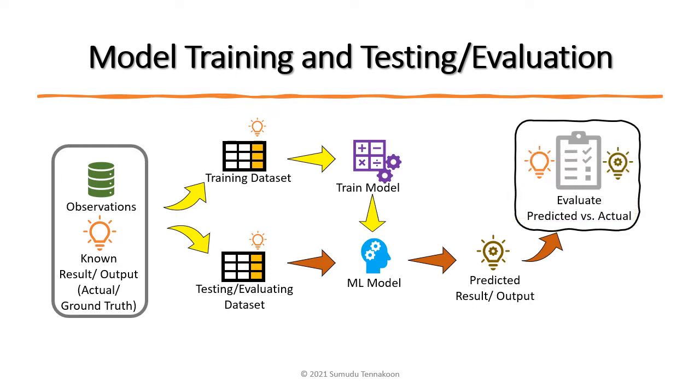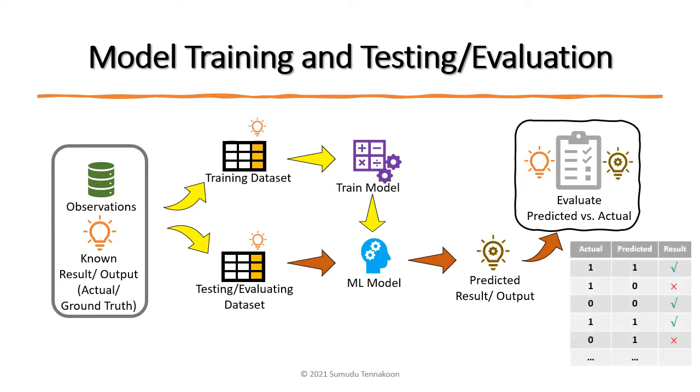We will be using a series of tools to do that. That is what we call evaluating predicted versus actual. In every machine learning algorithm we will be exploring today, or every method we are doing, this is what we are doing: we are evaluating the predicted versus the actual value.